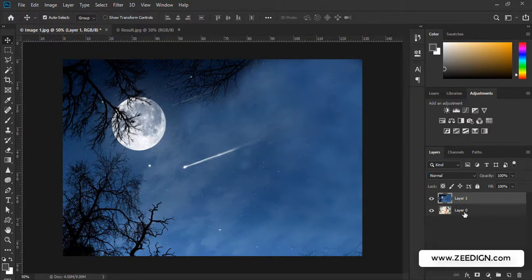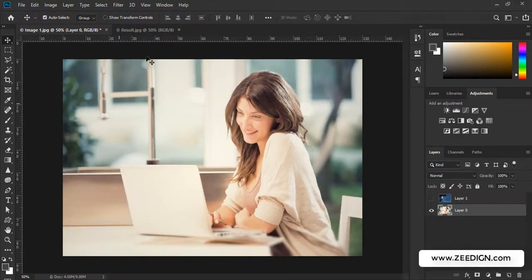I have got two layers here, and in order to achieve that blending effect we need two layers. The top one will be called the blend layer because its colors will be treated as blend colors, and the one in the bottom will be called the base layer.